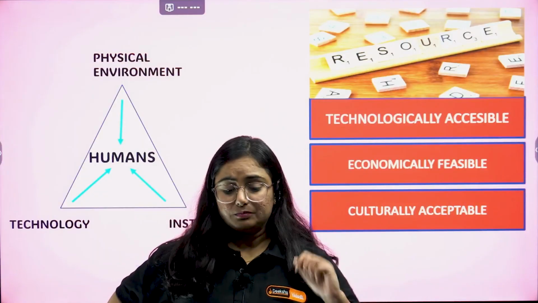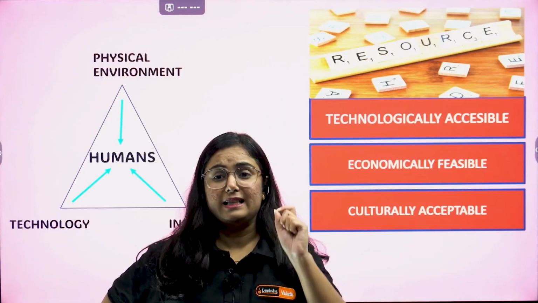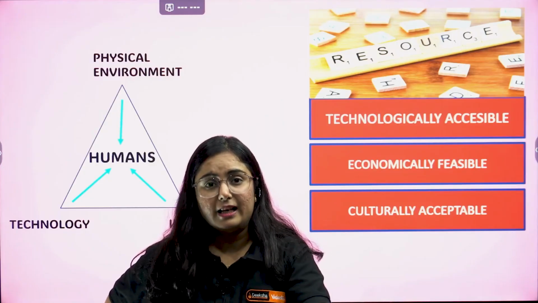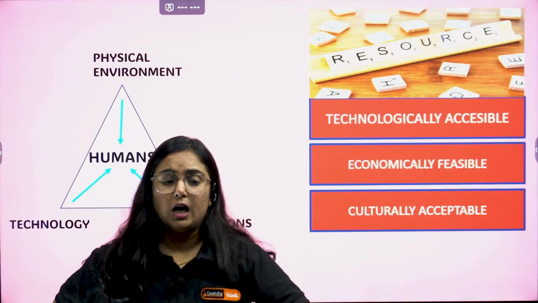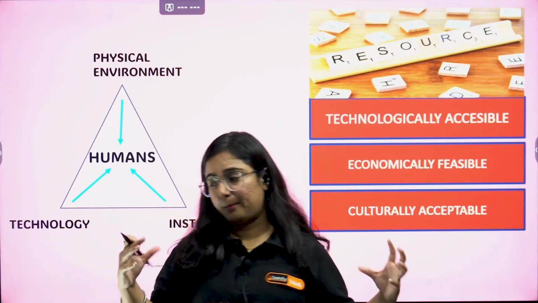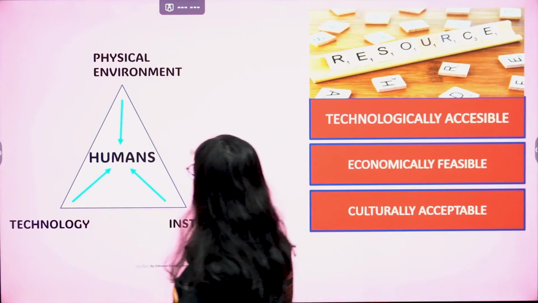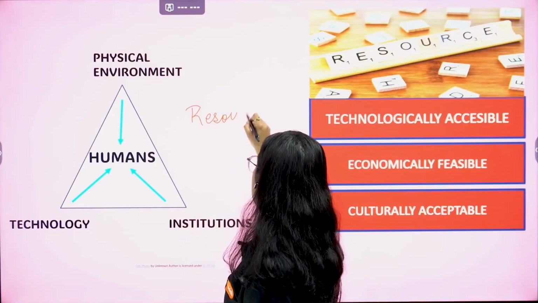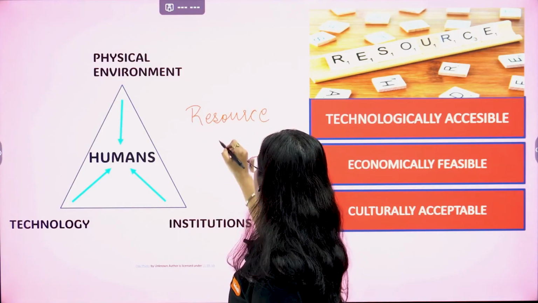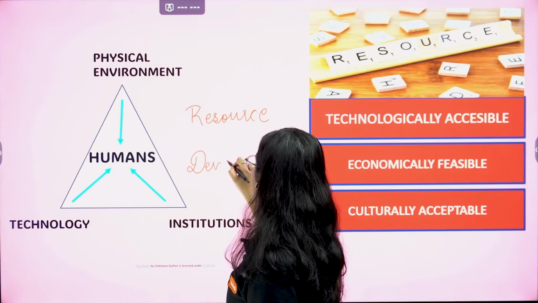So, this chapter's name itself clears what the chapter is all about. The chapter is about two words, resource as well as development. Now, understand the difference between the two and the interlinking between them. One word is resource and the other word is development.